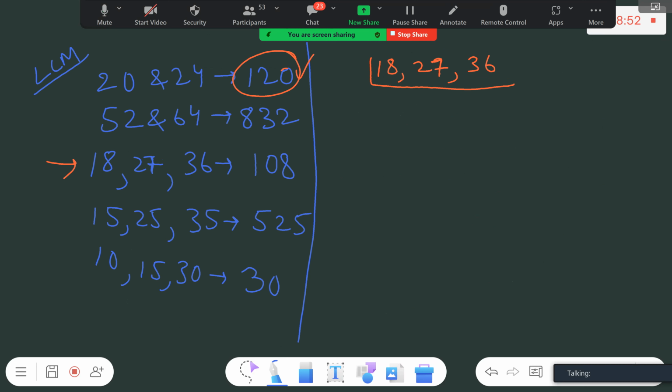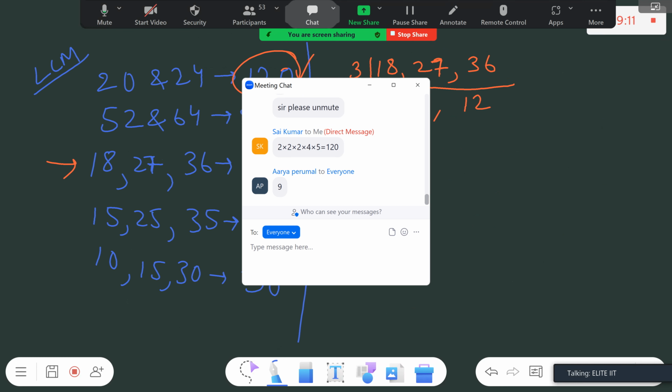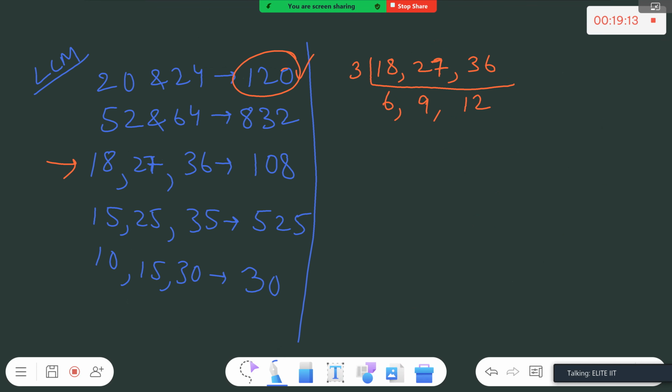No, you cannot divide all of them by 2. We can divide by 3 though. You can divide all of them by 3. You can write 3 into 6 is 18, 3 into 9 is 27, and 3 into 12 is 36, isn't it? 3 12s are 36.